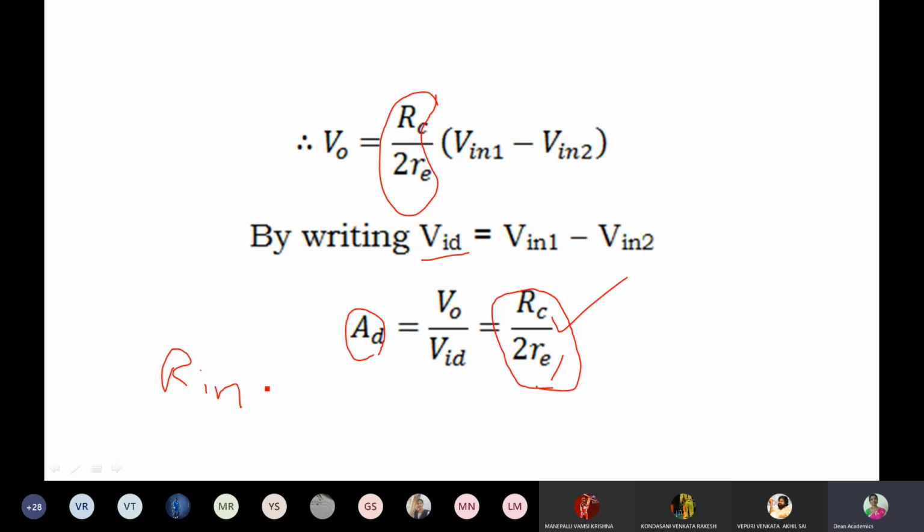That also I have expressed yesterday, and it is equal to 2 times beta AC into RA. Then what is the output resistance of dual input unbalanced output differential amplifier? Output resistance is equal to RC. Very good. Excellent. Okay. So all that we have seen yesterday, right?